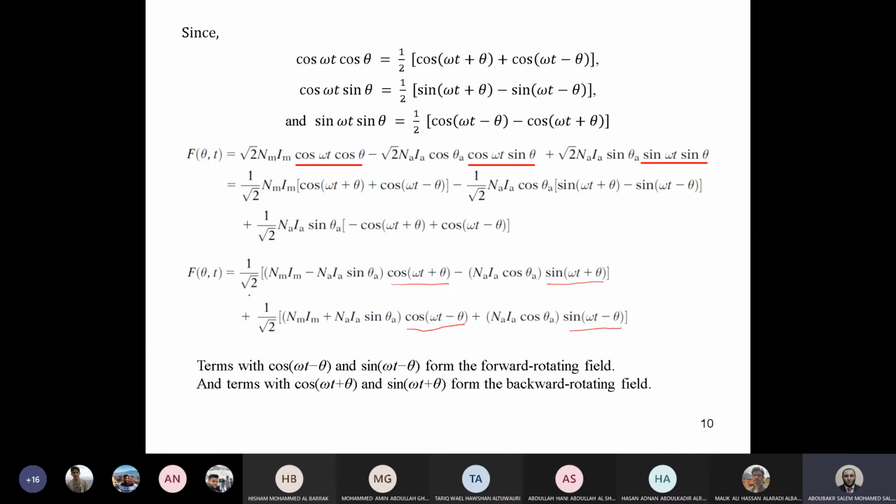Because finally, the machine will rotate as a function of forward and backward. We don't care now which is the component of the main winding and which is the component of the auxiliary winding. So, as you can see now, we have two parts. One is backward flux, and this component is for forward flux.